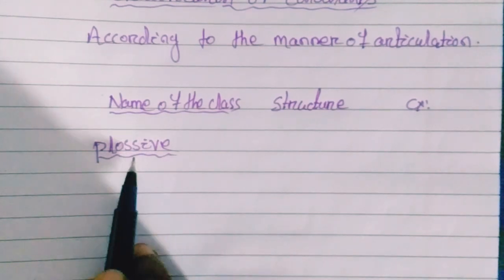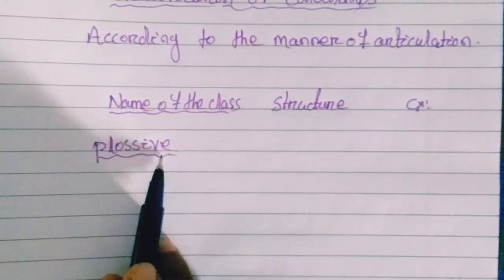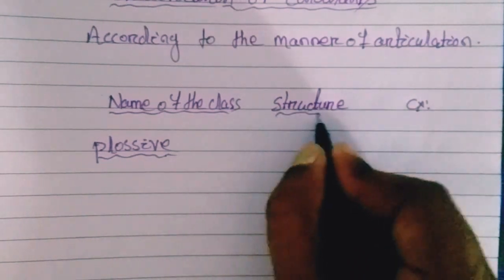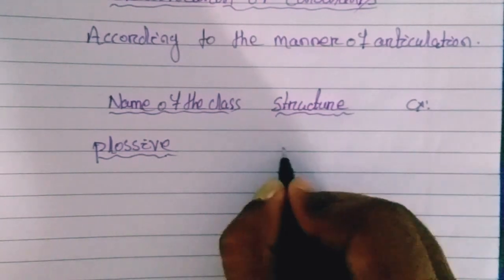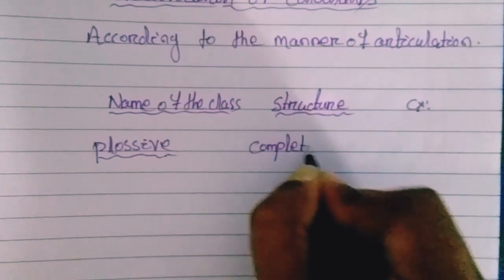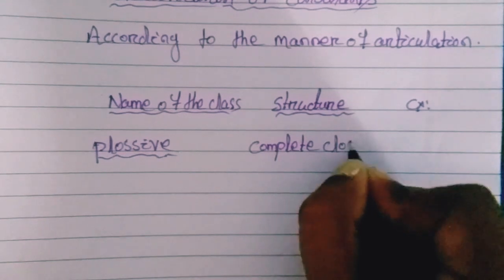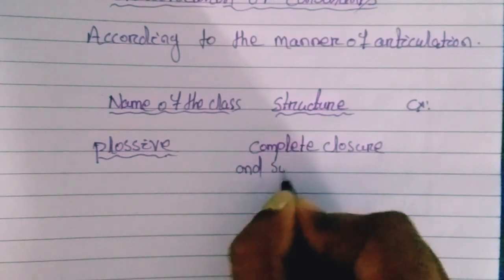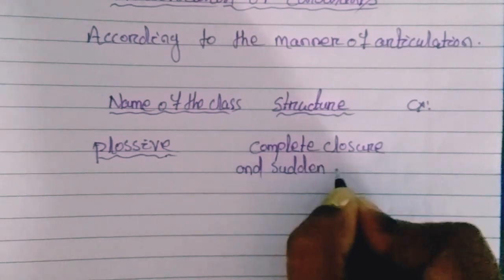How is it produced? During the production of plosive sounds, the structure of our mouth is complete closure and sudden release.